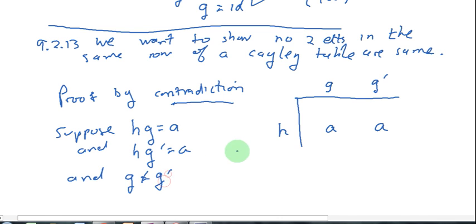All right, so this would be two different row entries would have the same group element. Okay. Now, if this is true, then what can we conclude? Let me move down. Let me just do it over here. Well, if these two are both equal to A, we can set them equal to each other. That would mean then HG is equal to HG prime. And this is just by substitution.